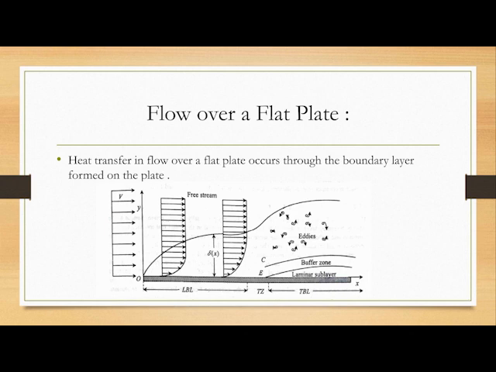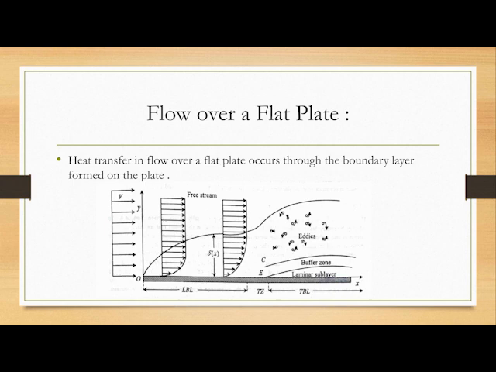The region above the plate surface within which this change of velocity from 0 to the free stream value occurs is called the boundary layer, or more specifically the velocity boundary layer. The thickness of this region is called the boundary layer thickness and is denoted by delta.